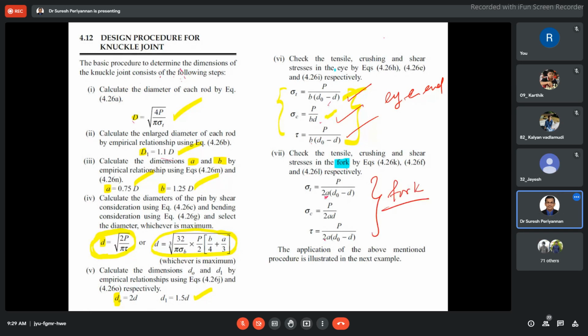The same formula we used here, and now I know P. I know A and B, as we discussed already. We know all the design parameters and dimensions, then plug into the equation and compare with your permissible stress level. If it is within the permissible stress level, then the component is in safe limit.